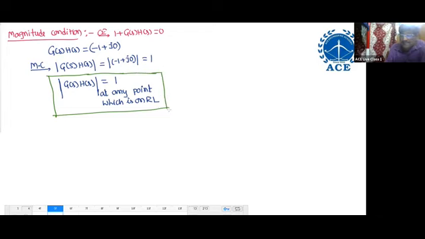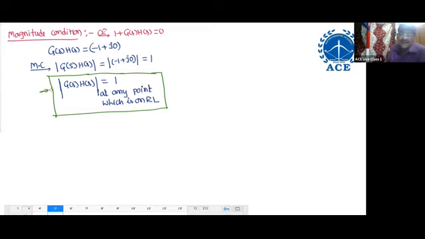At any point which is on the root locus, the magnitude of G(s)H(s) equals 1. That means all the points on the root locus must satisfy the angle condition.